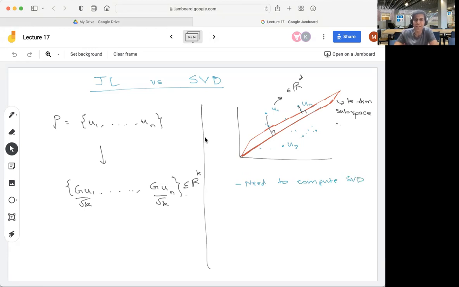I mean, again, there are ways of computing SVD faster. There's also a nice book by Santosh Vempala called The Random Projection Method, which in particular gives you algorithms for fast SVD. And it's also a nice book to look at if you want to see some examples of this.